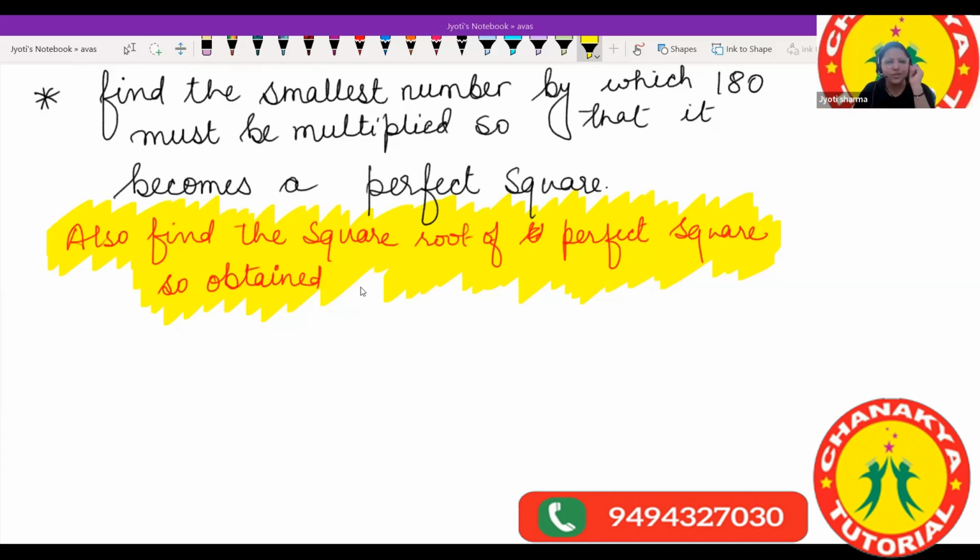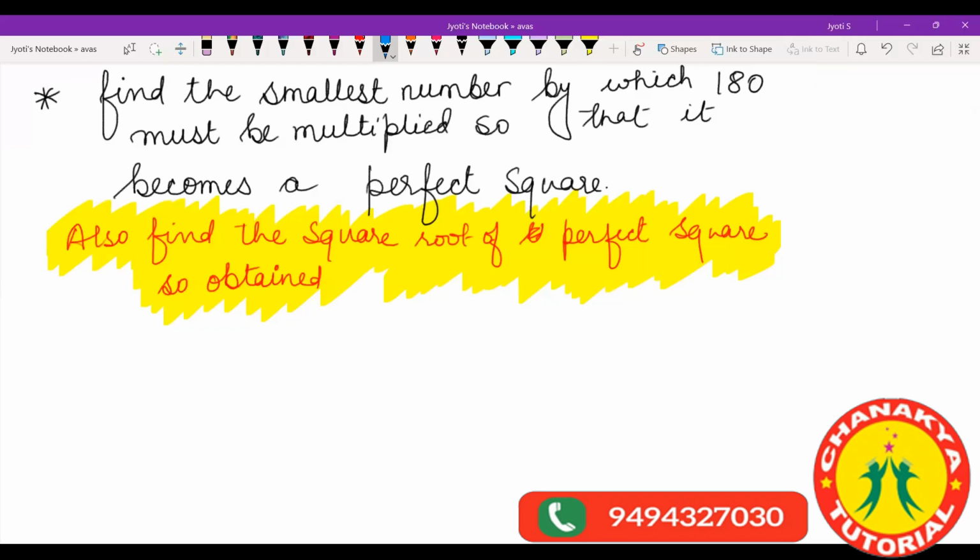Sharan, your answer is wrong. Karthik, if you are speaking something, let me tell you, you are on mute. I did not get any answer. Okay, which method are you using here, kids? Ma'am, prime factorization. Wonderful, wonderful.